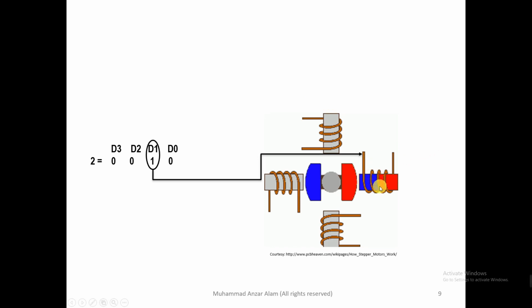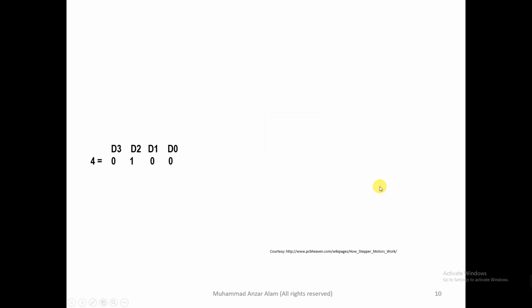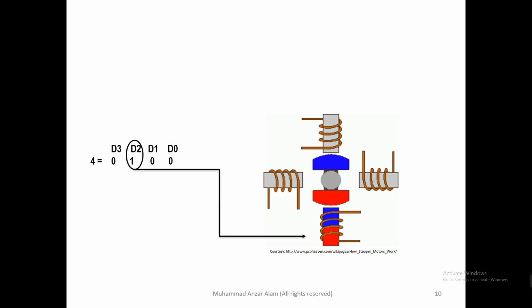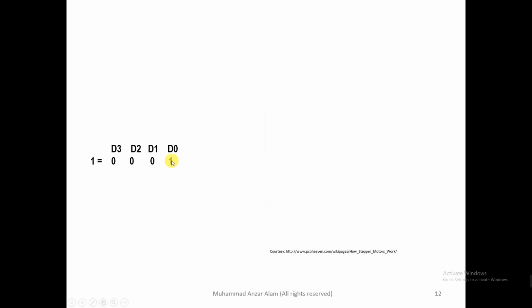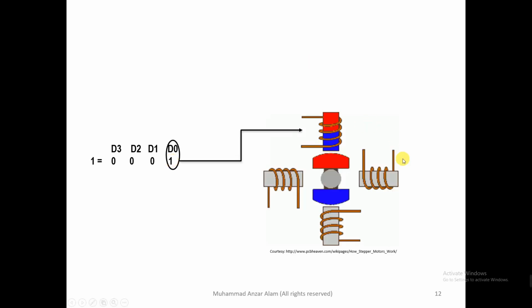Now if D2 is energized, D2 energizes the next coil, and D3 energizes this coil, and after this it will continue and again energize this one, and two, three. So this pattern, I hope it's now very clear to all of you how it works.